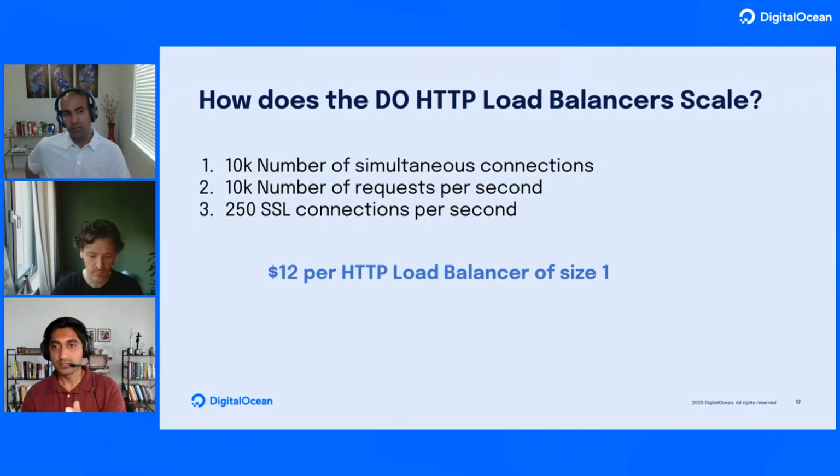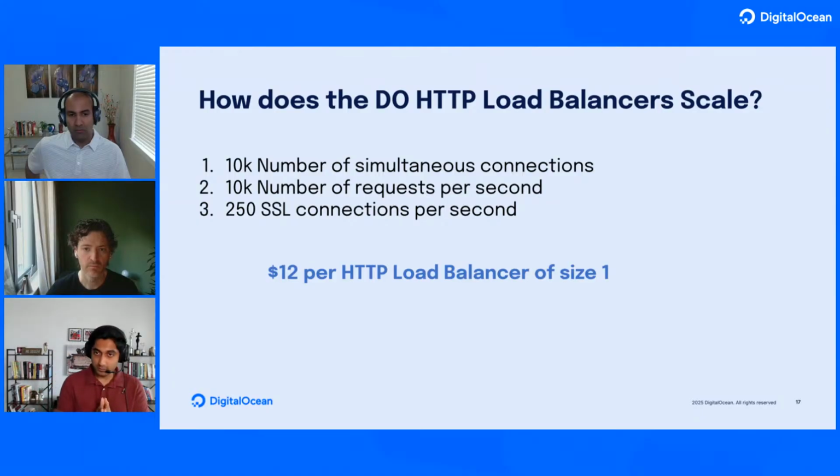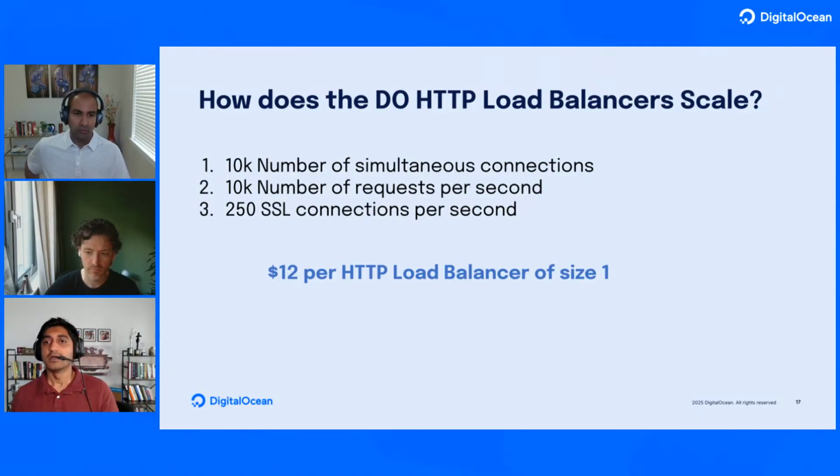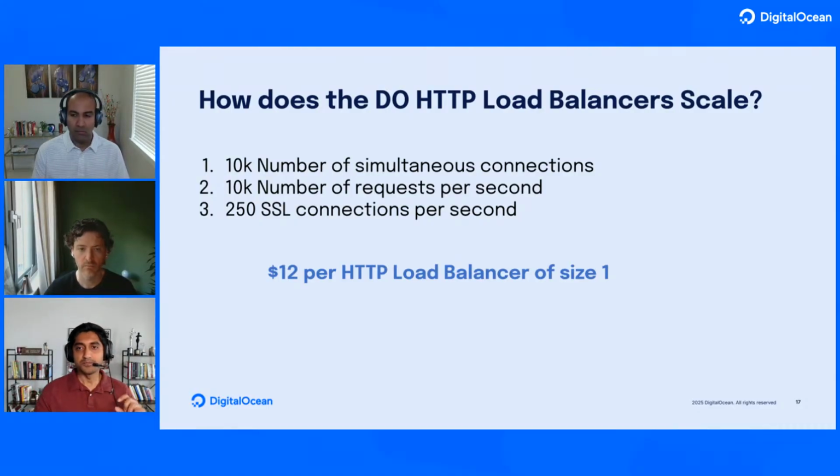In the case of the HTTP load balancer, the key entity you need to look at is simultaneous connections. At any point of time, one HTTP load balancer will support 10,000 connections and 10,000 requests per second, and it will support 250 SSL connections per second. Now, how do you evaluate how many load balancers you need?